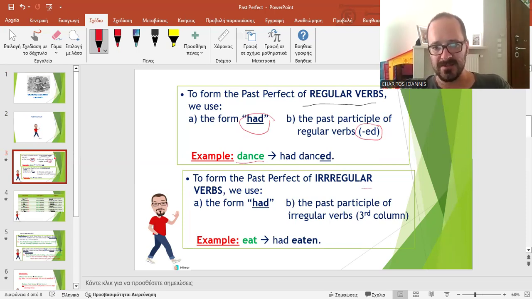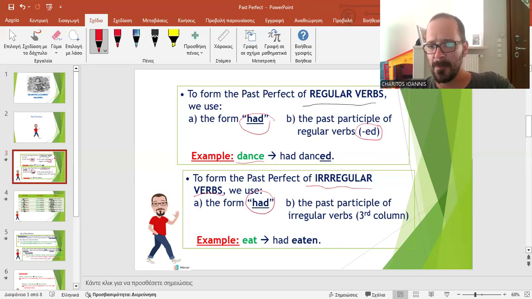On the other hand, when it comes to irregular verbs, once more, we use had. Remember, it's a perfect tense. And then the past participle of irregular verbs, which we find in the third column of the irregular verbs list. If you Google it on the internet, you will find 100 irregular verb lists, right?